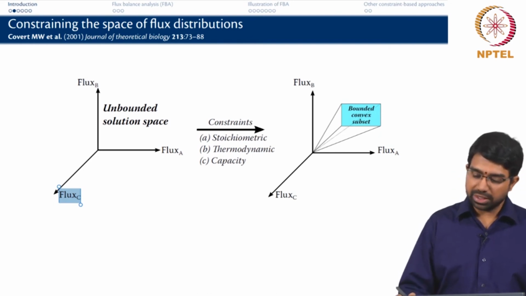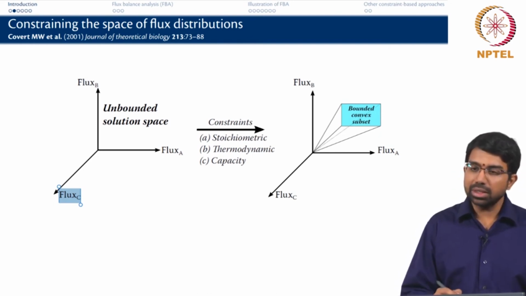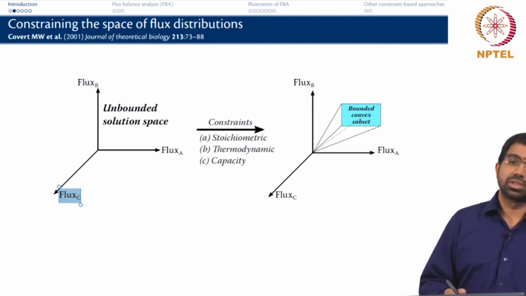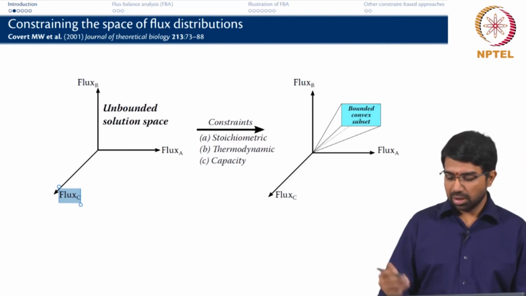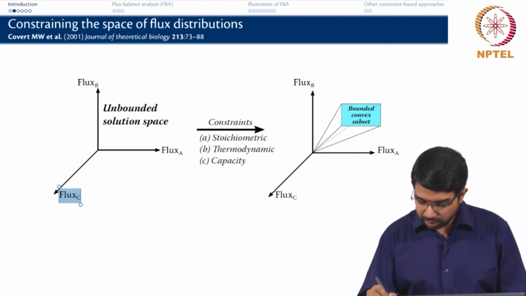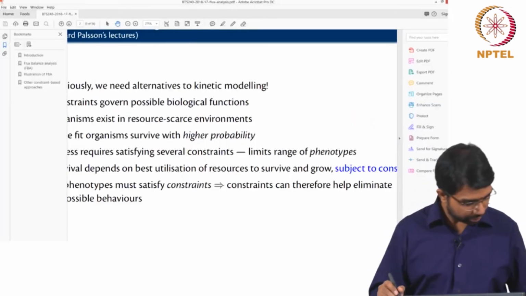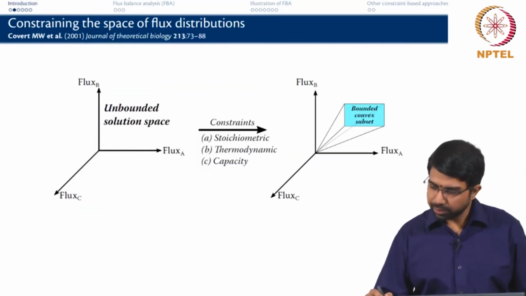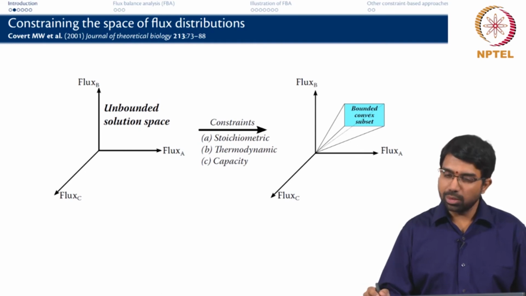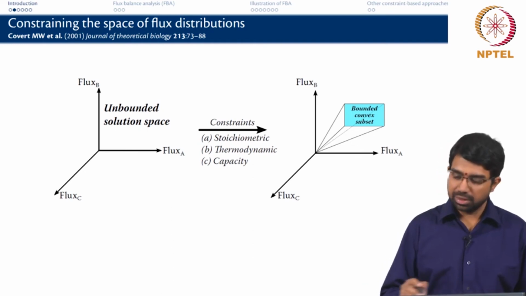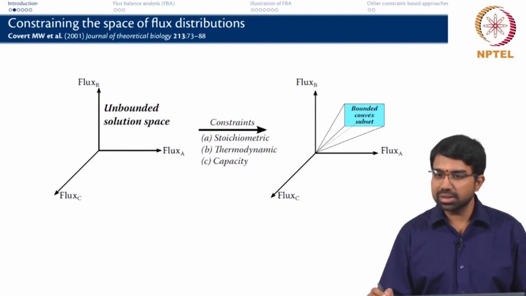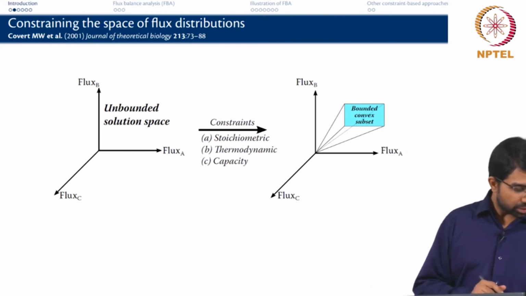Now you apply constraints to eliminate improbable suspects or impossible, infeasible solutions, and you come up with a much smaller subset. So you will note that from one infinite subset we have gone to another infinite subset, but clearly this is quite restricted.